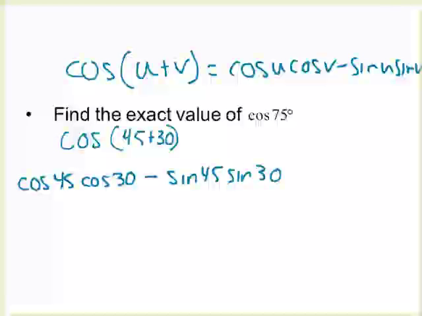To find those things, we need our triangles. So 45 and 30 give us some special triangles. So in those special triangles, what is the cosine of 45?